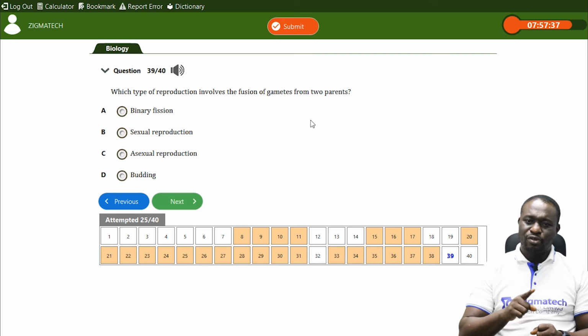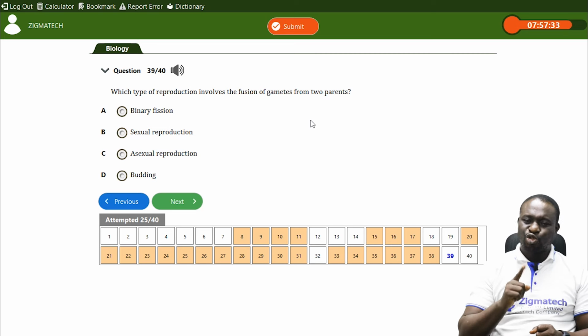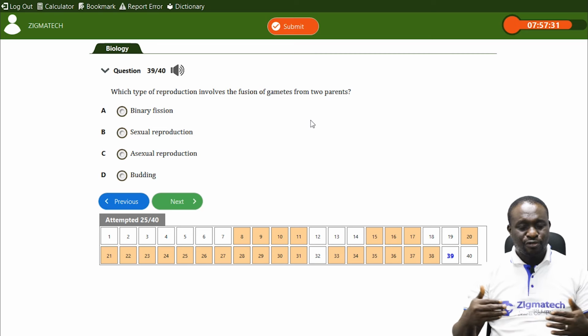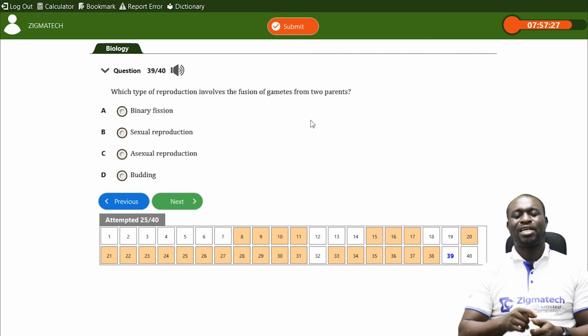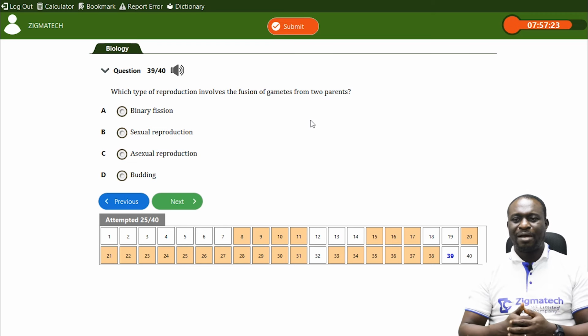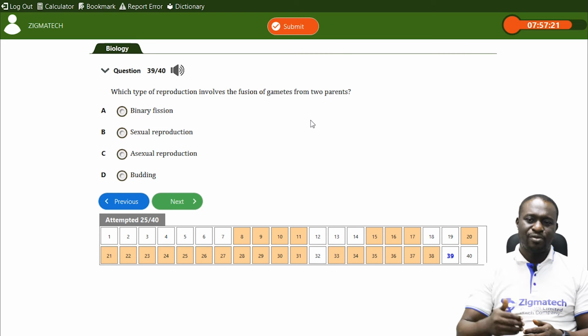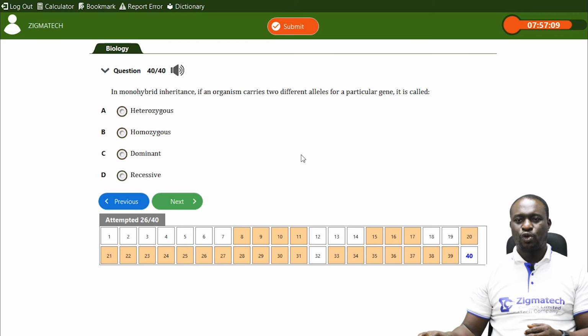In asexual reproduction, gametes are not produced and there is no fusion of gametes. Now the question says, which type of reproduction involves the fusion of gametes from two parents? So the correct answer is option B, sexual reproduction.